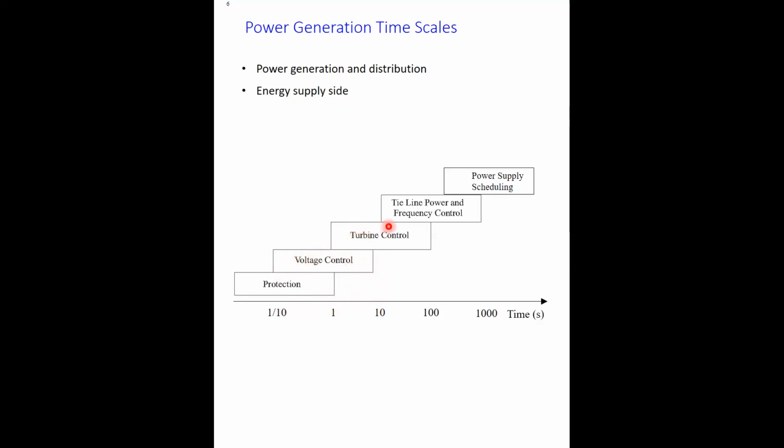Then for the power output control on the turbine side, you can see this is the range of duration. Normally the turbine being a mechanical system has inherently higher delay, and thus it is slower in action to control the output power. So it could be as long as 50 seconds, or a few minutes.